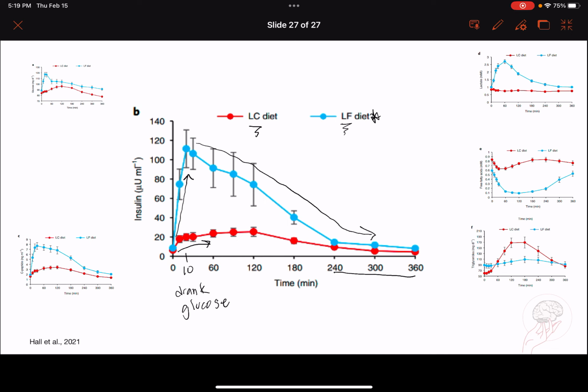You might be thinking, okay, well, hyperinsulinemia is bad, so maybe it's good that insulin didn't spike. And the glucose didn't increase, so it makes sense that insulin wouldn't spike because it's not sensing that excess glucose.